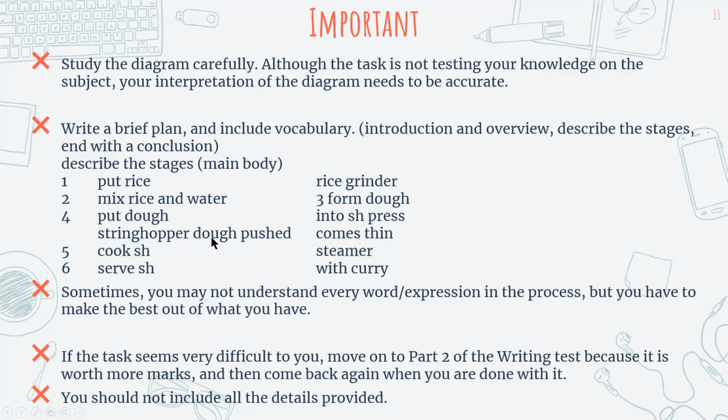String hopper dough pushed comes thin. I'm using just keywords. You can use whatever you want, but you have to do this very fast. Cook SH, which stands for string hopper, in a steamer, of course. Serve SH with curry, and so on.